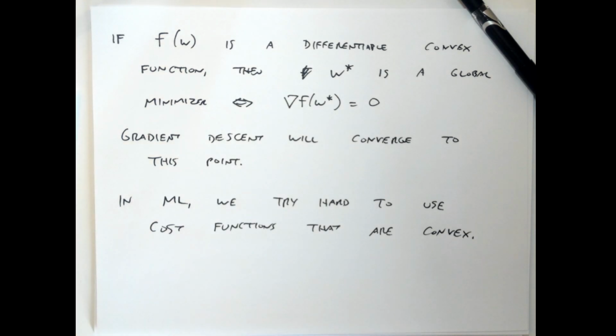Now, if the function isn't convex, we can still apply gradient descent, but there's no guarantee that we will converge to a global minimum. We may end up hitting a local minimum.